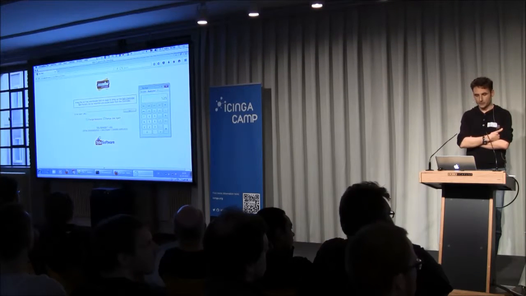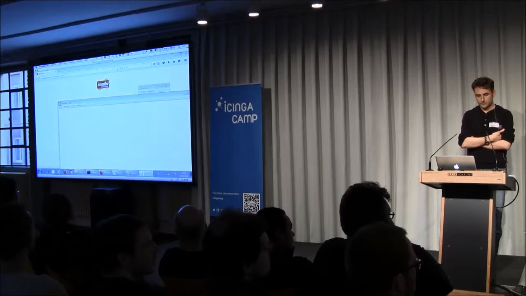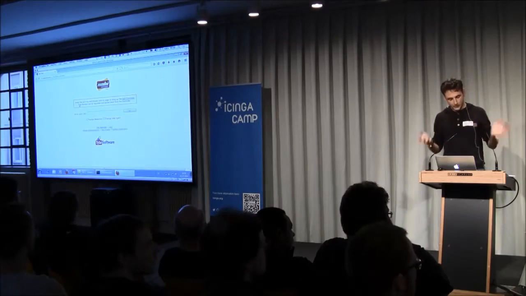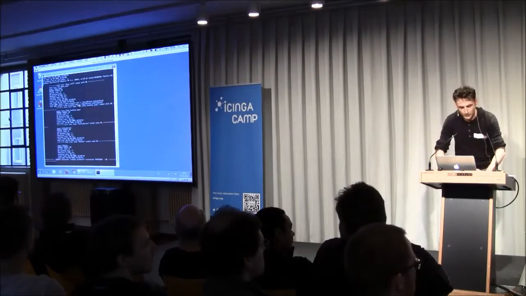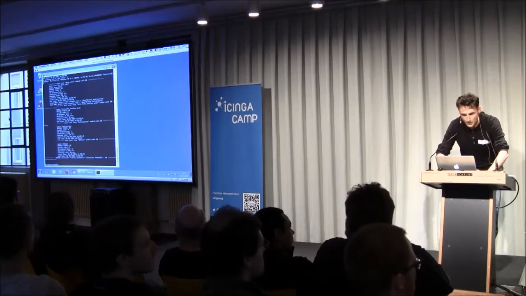Checking the links, open the calculator. That's it. Very simple, very stupid, but it shows how both components can work together.